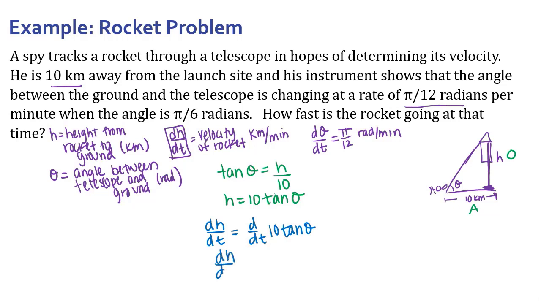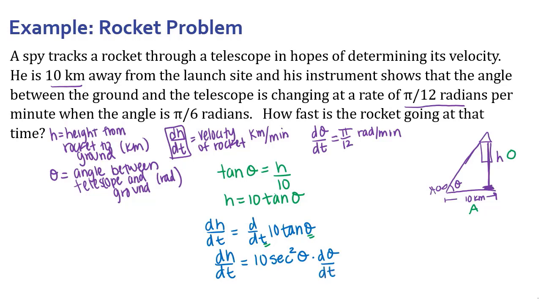So dh/dt equals 10 times, and again I'm doing this with respect to time, and that's a theta. So that's going to be the outside function, which is the derivative of tangent is secant squared, evaluated at the inside, times the derivative of the inside.